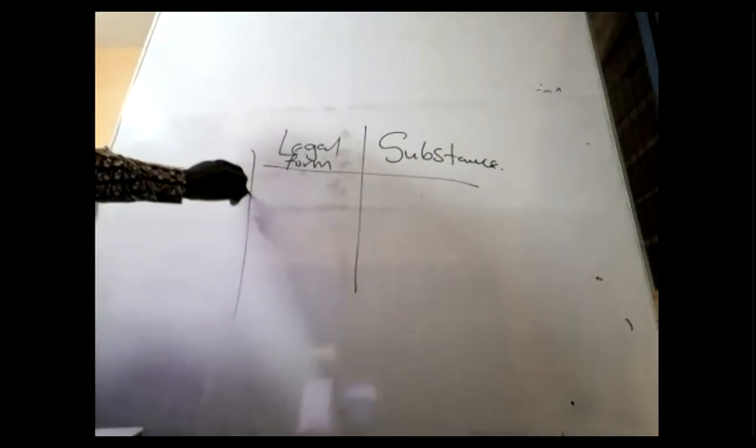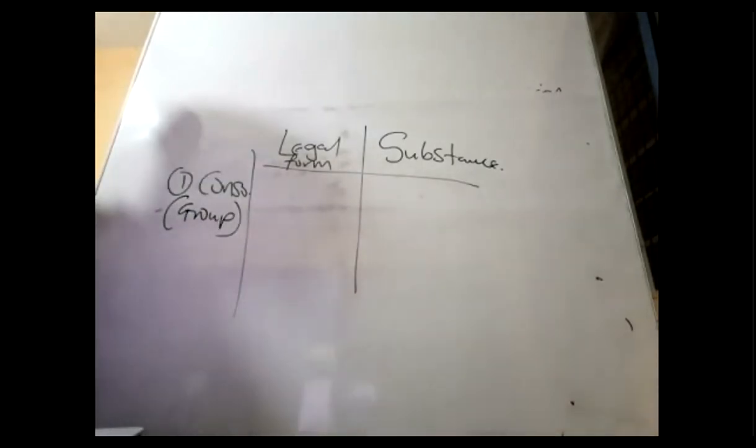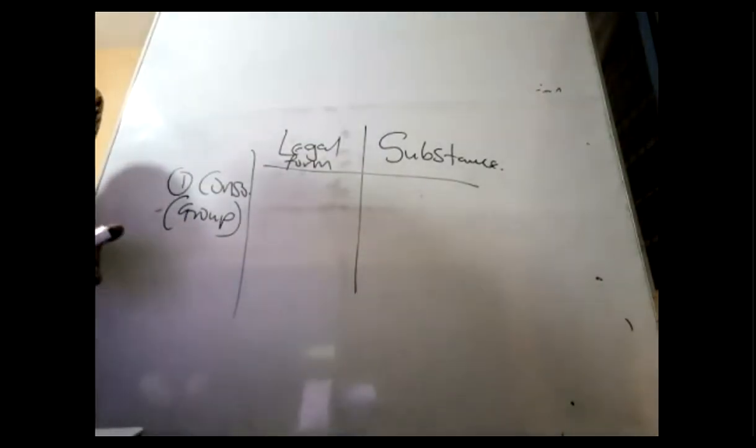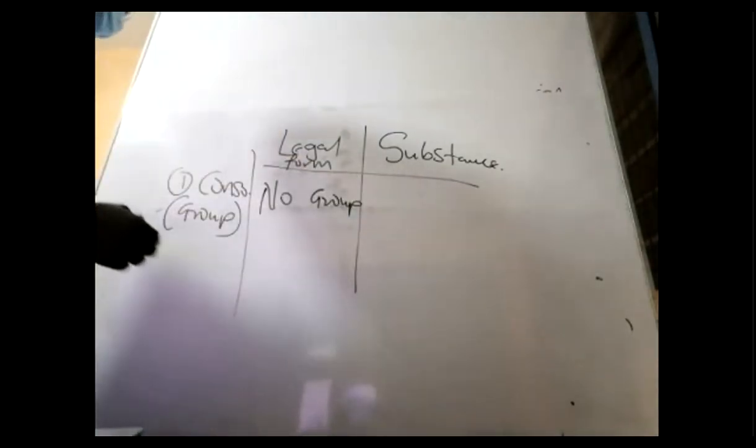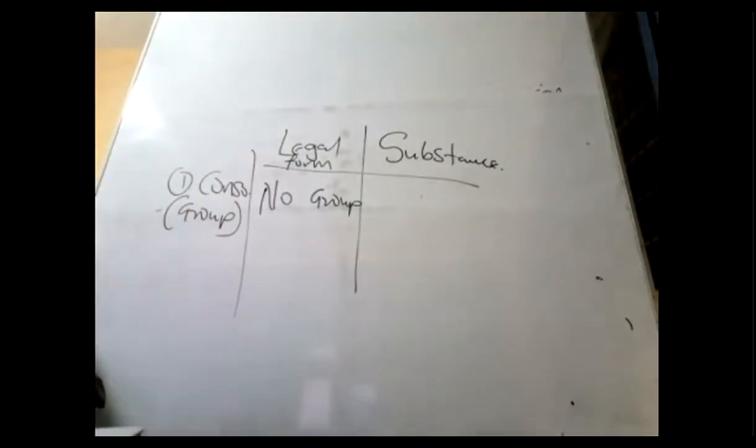Let's take an example, consolidation. Legally, is there any group? Legally, there is no group. Why? Because each and every subsidiary or company is registered solely, individually.